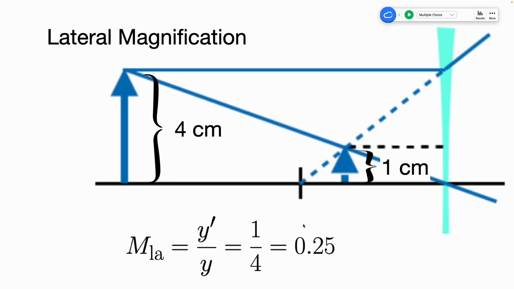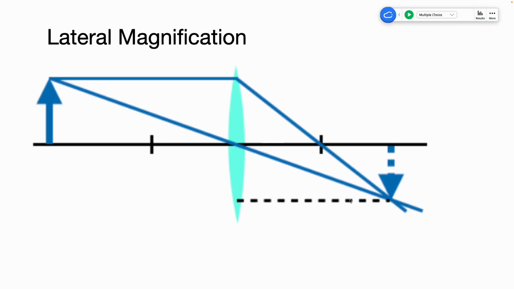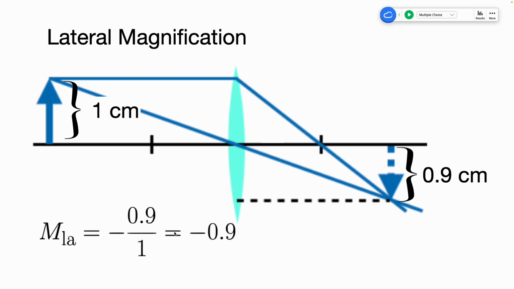Okay? Just definition. You don't need to know how to find the size of the image yet. Okay? So for lateral magnification, we want to include a little bit more information. Sometimes the image will be inverted compared to the orientation of the object. In this case, we still divide the height of the image by the height of the object, but with a minus sign indicating that they are inverted.